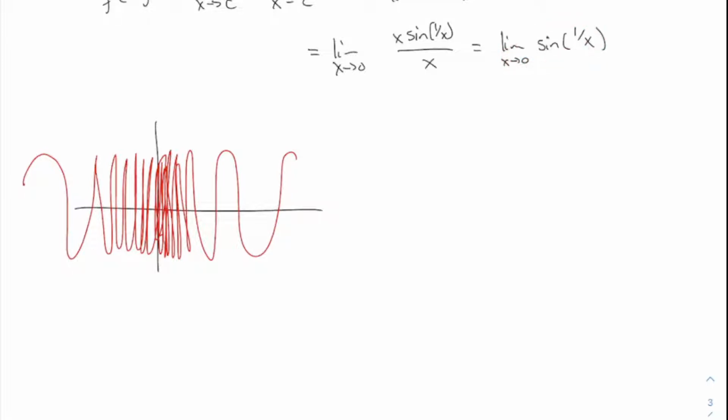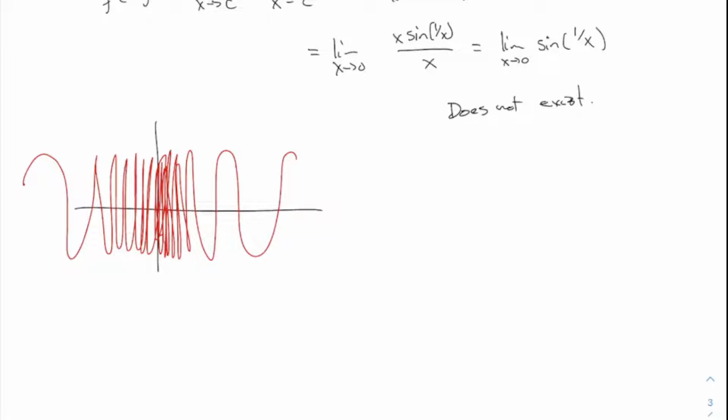We did exactly this example. You would have to do this using sequences, but you could choose, for instance, xn equals 1 over pi times n, or you could use 1 over 2 pi n plus pi over 2 to get different values out of this every time. But anyway, I'm going to say this does not exist.